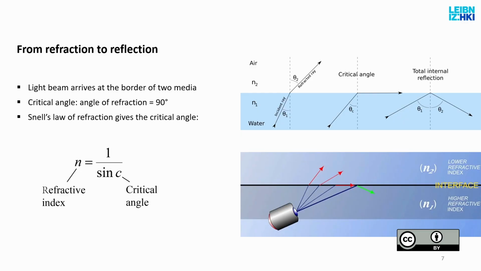Again, we are going from denser to less dense. Water to air, glass to water, glass to air. So there is an angle, a critical angle, above which the light cannot exit the medium.